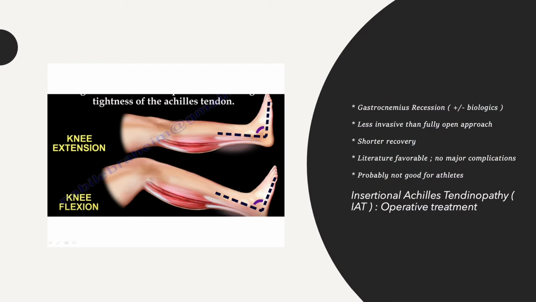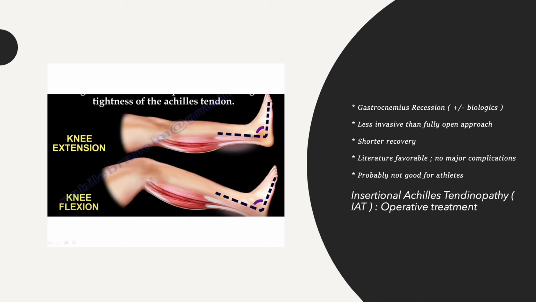So in my practice, if patients fail that initial non-operative treatment tier, then I move them up to the second tier, which in my hands is an intermediary between the stretching, the activity modifications, and the aforementioned, and a full-blown open reconstruction, with the use of a gastrocnemius recession.